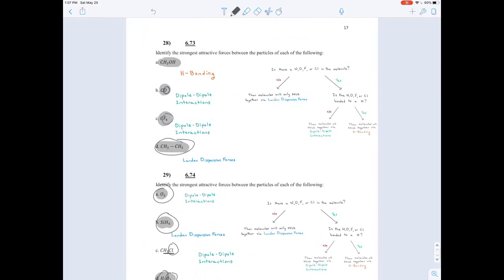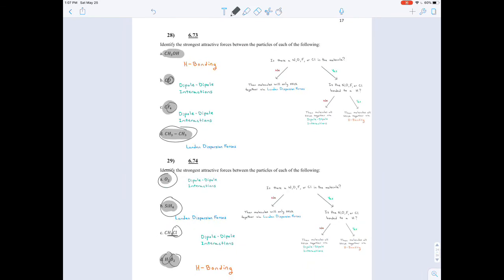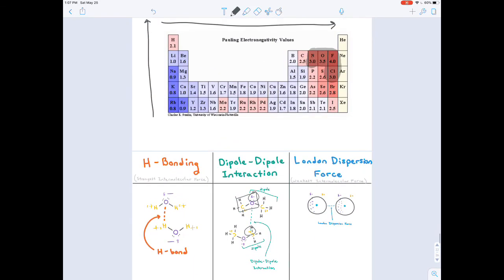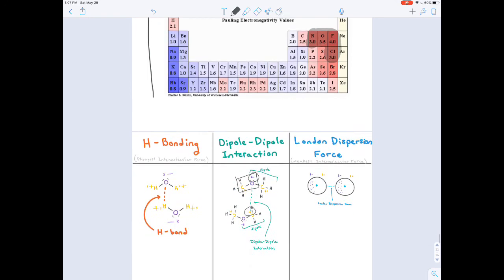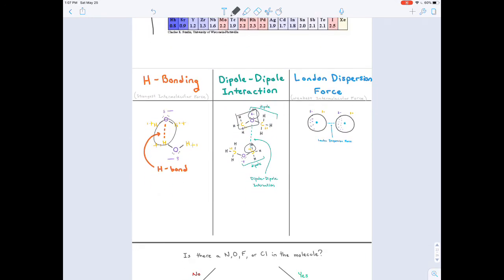Okay, so what you should take away from these questions is that differences in electronegativity give rise to partial charges. Those partial charges make molecules stick to each other, either very strongly or weakly.